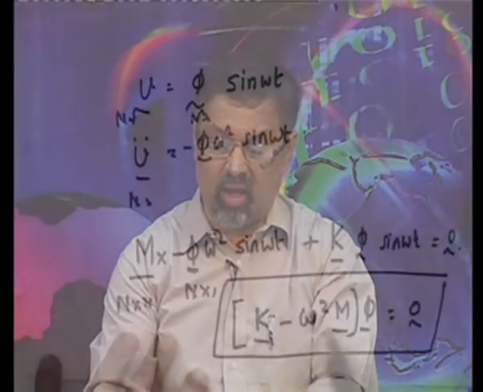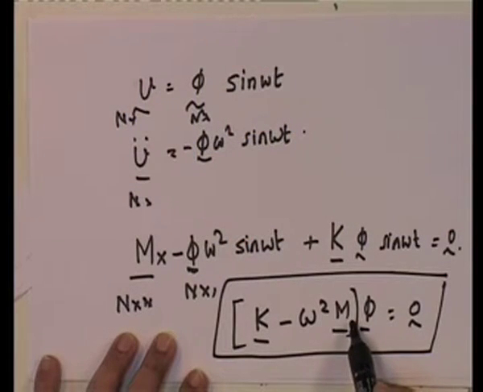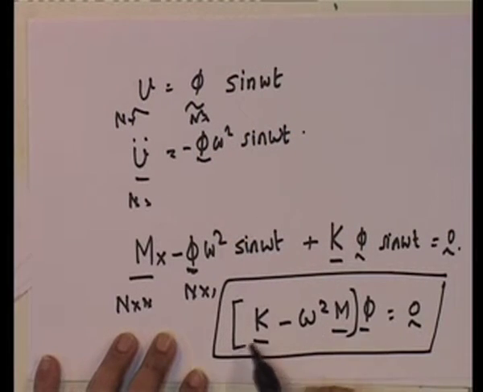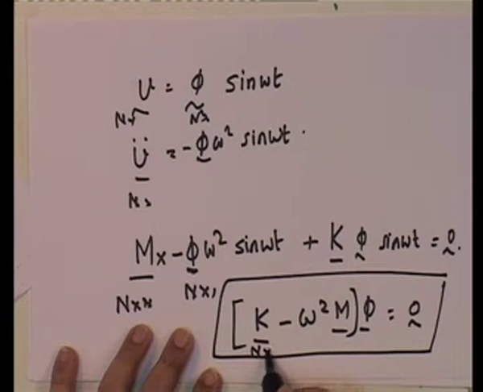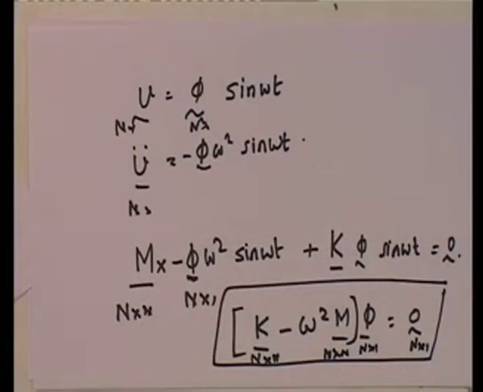There it was a single k, and minus omega squared m, so omega is equal to root k upon m. In the single degree of freedom, we could do that, but note that these are n by n matrices and this is n by 1, so this problem is not tractable directly.